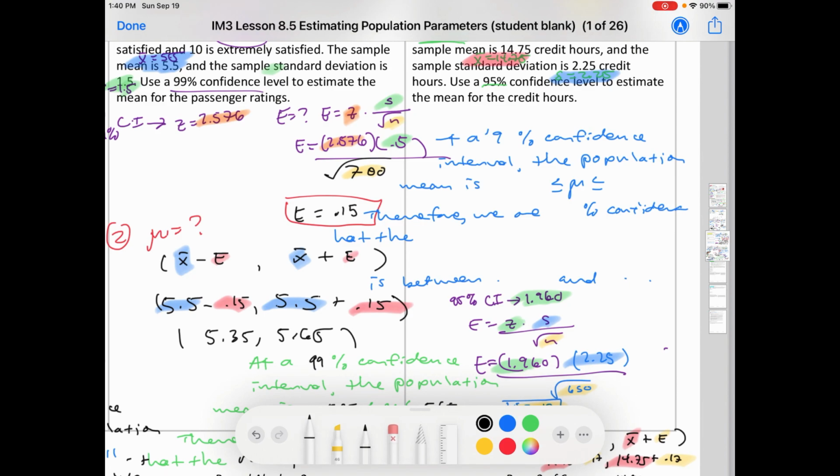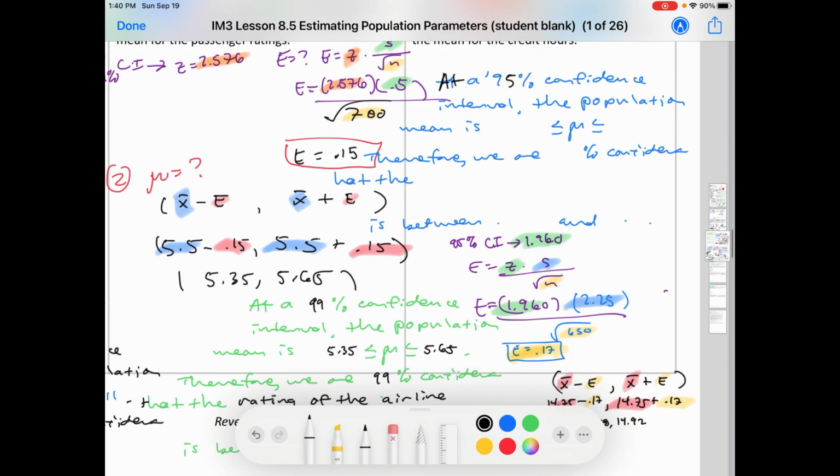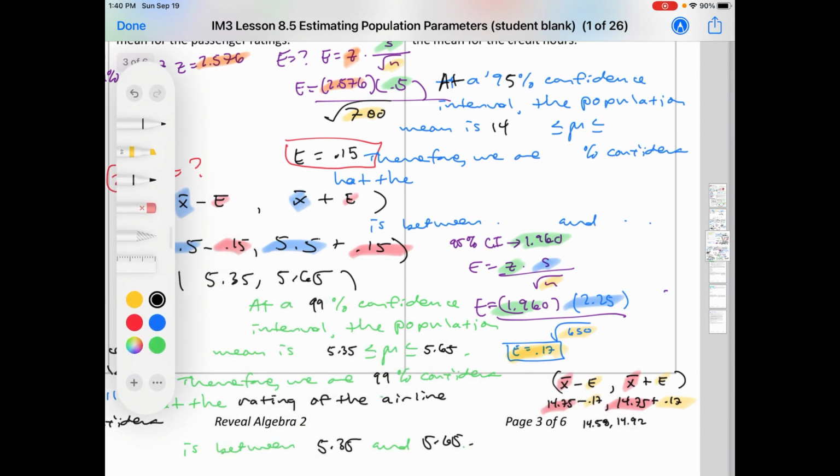At a 95% confidence interval, the population mean is 14.58 to 14.92.